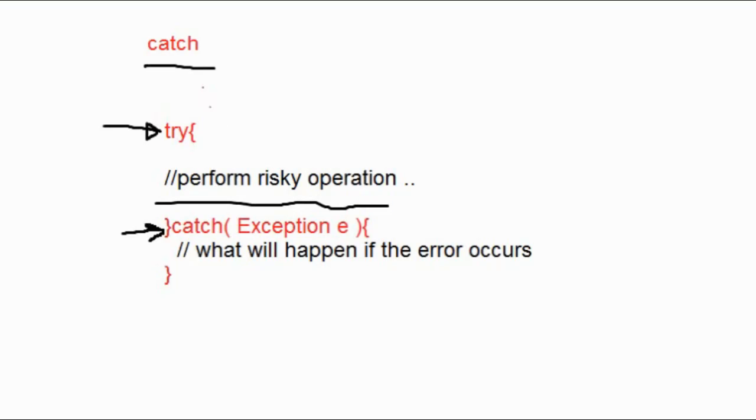When an error occurs, it is caught and this block will be executed. This is basically how try and catch work. So here we have looked at two keywords, try and catch.